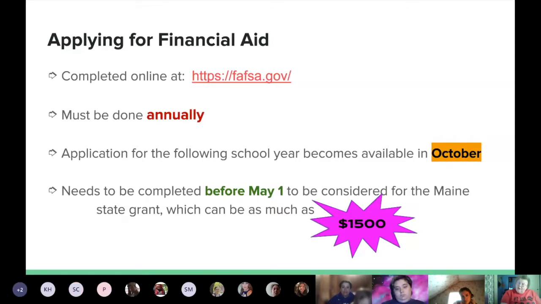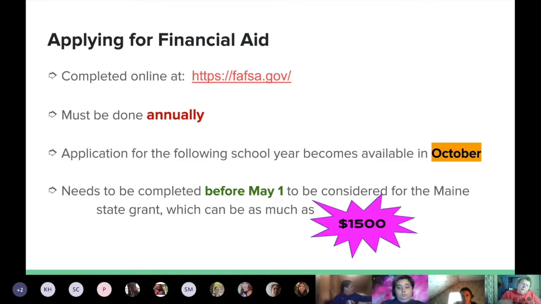I believe everyone that's on this call has been successful navigating the FAFSA.gov site. Yay. You want to log in. This is something that needs to be done annually, and it's not uncommon for brand new students to think, I took care of that. I have some students that are direct from high school. I took care of that, or my mom took care of it with the guidance office help.